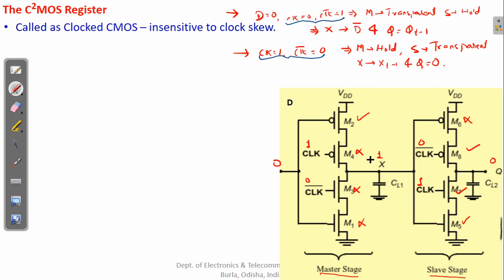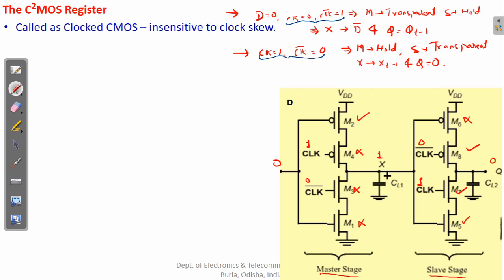And the value of D is sampled at node X when the master is in transparent mode, and the value of node X is sampled to node Y when the slave is in transparent mode.